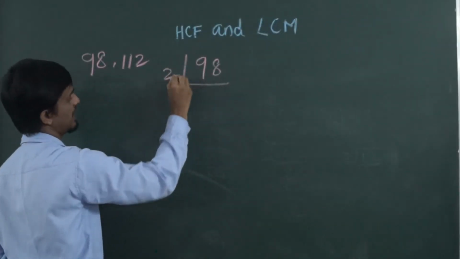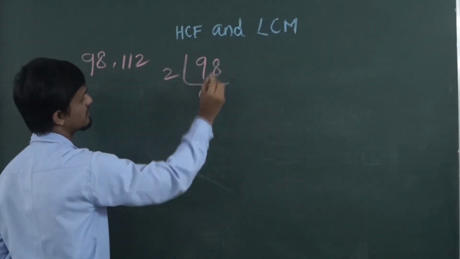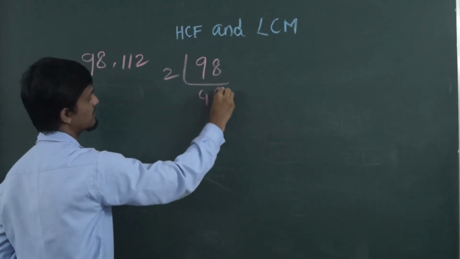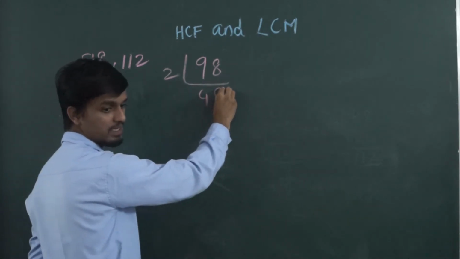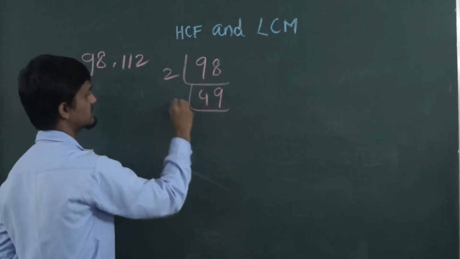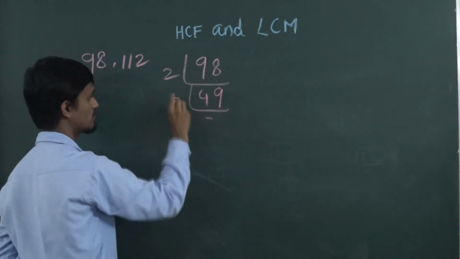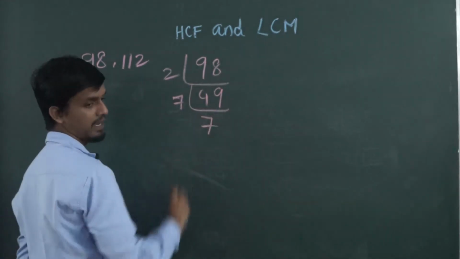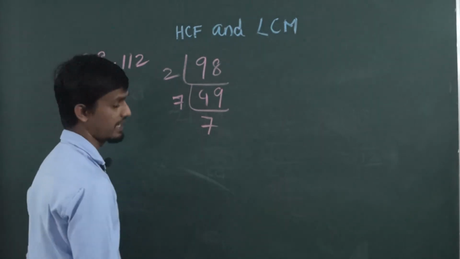For 98: 2 times 49. And 7 sevens are 49.